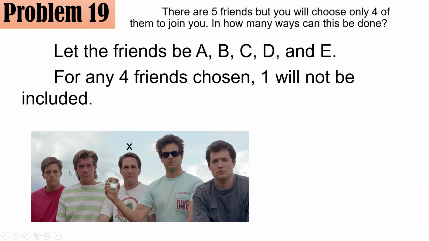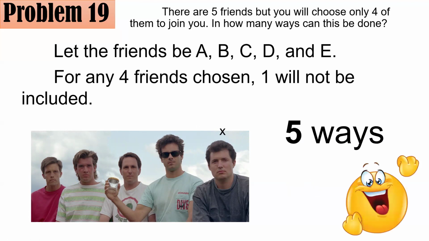The fourth possibility is that this one is not included. And the fifth possibility is if you choose these four, then this one is not included. Hence, there are five ways. I hope you got it. I hope you're not confused. Because again, it's possible that one of them will not be included whenever you choose any four.